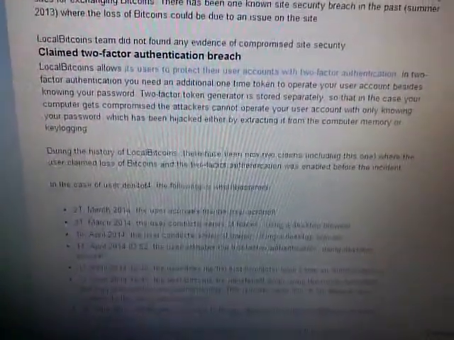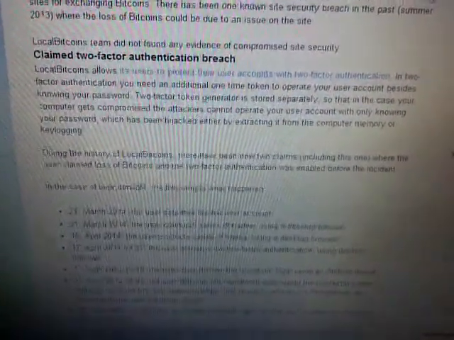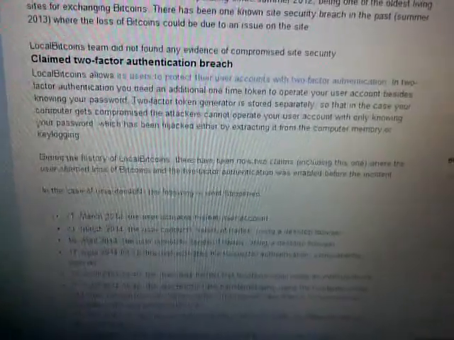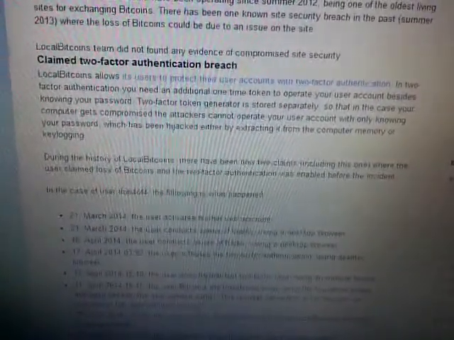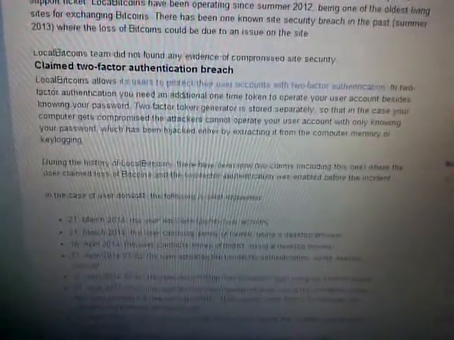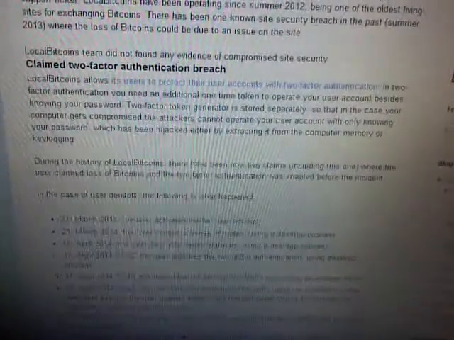For this to happen, to get your authenticator compromised, it's kind of weird, because that means someone must have had access to your authenticator. I'm not a computer scientist, okay? I'm not an expert in computer forensics or anything.